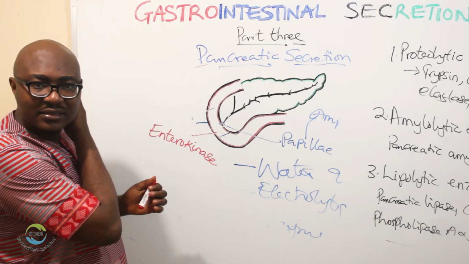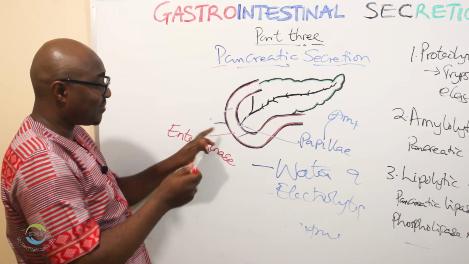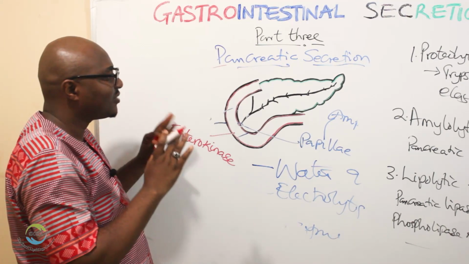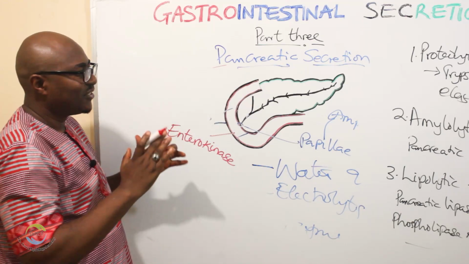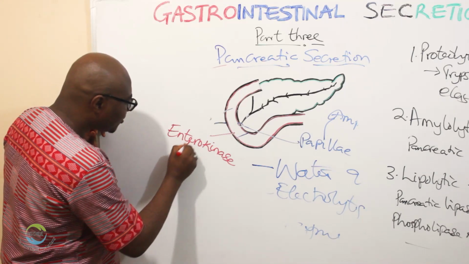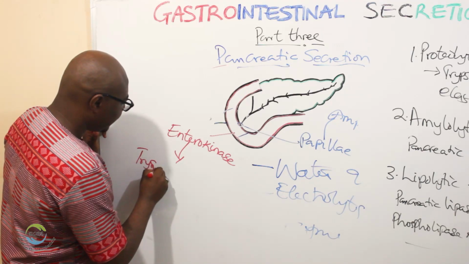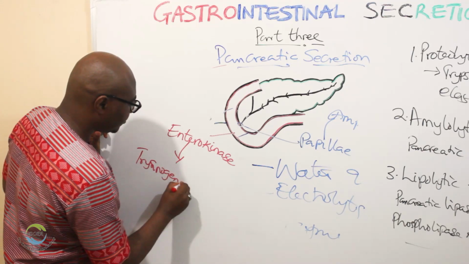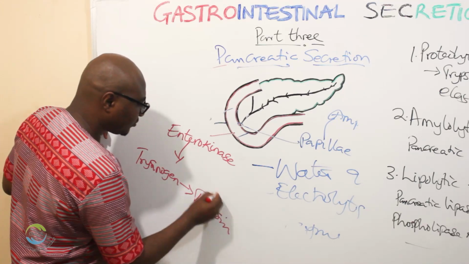Enterokinase. So what does this enterokinase do? It's secreted by the duodenal mucosal cells. It activates trypsinogen, turning it from trypsinogen to trypsin. So the function of enterokinase is to convert trypsinogen to the active trypsin.